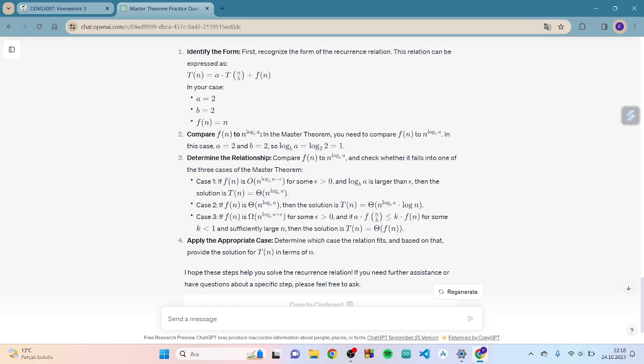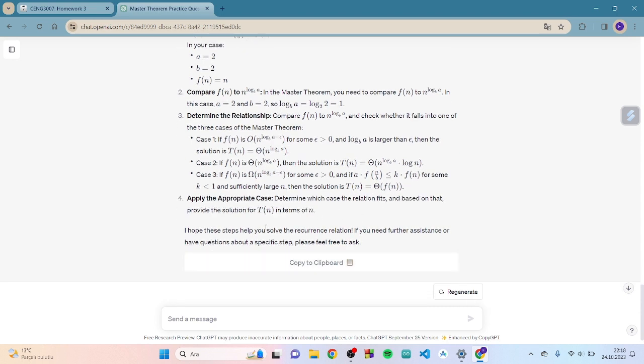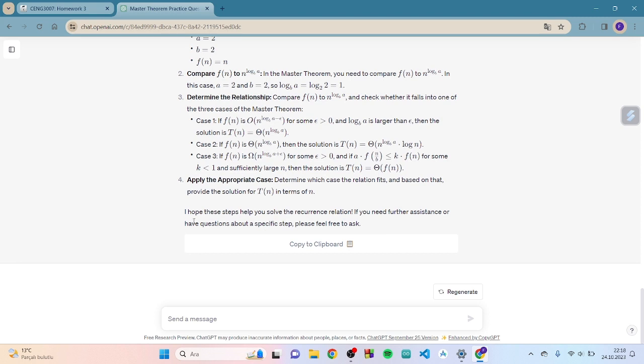Determine the relationship: case 1 is this one, case 2 is this one, and case 3 is this one. I understand actually. Apply the appropriate case: determine which case the relation fits, and based on that provide the solution for T(n) in terms of n.